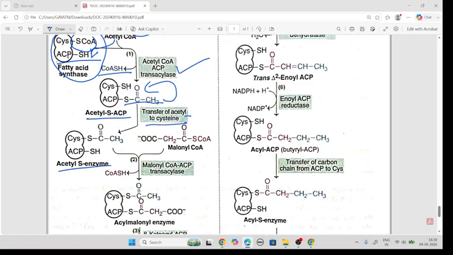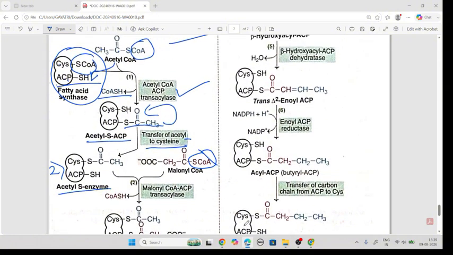Now, this is the second step of your fatty acid synthesis. Now the malonyl CoA will come into the picture. I told you two precursors are required, acetyl CoA and malonyl CoA. Acetyl CoA is already available. From here, the CoA we will just remove.